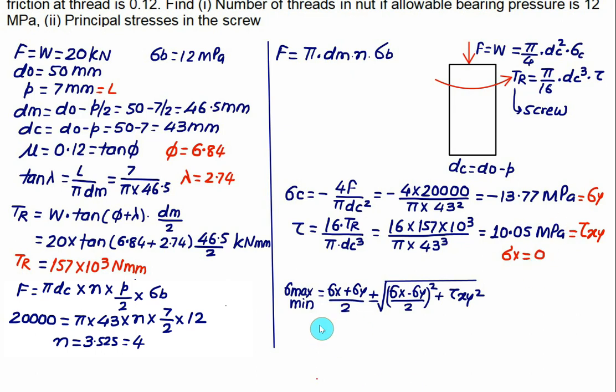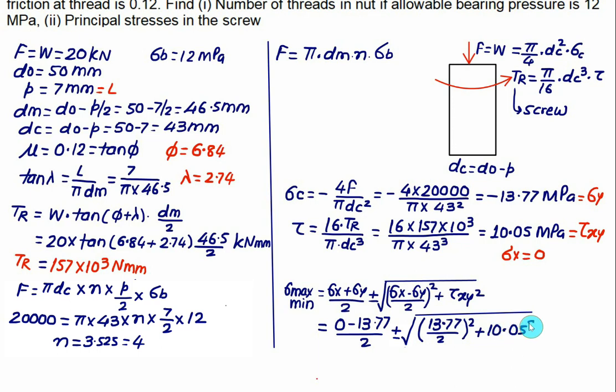So sigma x equal to 0 plus and minus, we have minus 13.77 divided by 2 plus under root of sigma x is 0, minus and minus become plus, so 13.77 divided by 2 whole square plus tau xy 10.05 square.